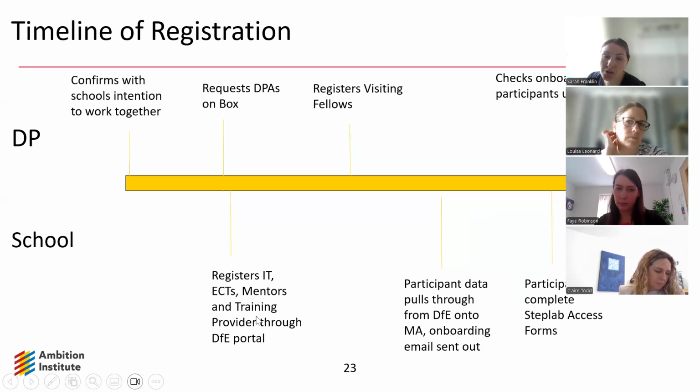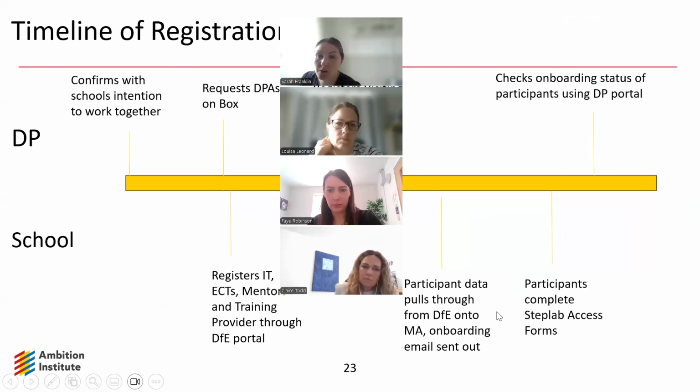Once the school has registered their participants, that data will pull through from the DFE onto our system, and they will have an onboarding email sent out to them. Once they get that onboarding email, it will prompt them to complete what's called a StepLab access form.